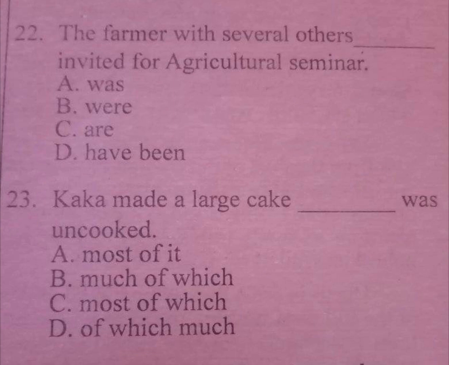Let's look at question number 22. The farmer with several others, blank, invited for agricultural seminar. Well, you are supposed to fill in the blank space using the verbs was, were, are, or have been.